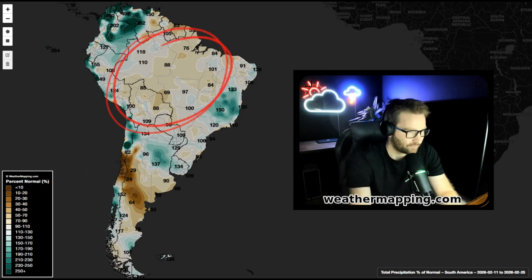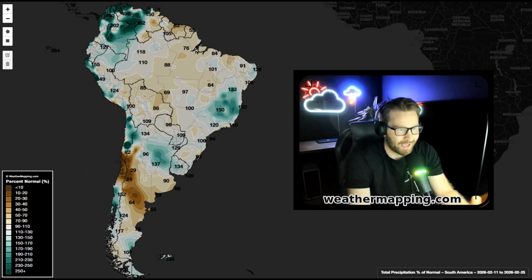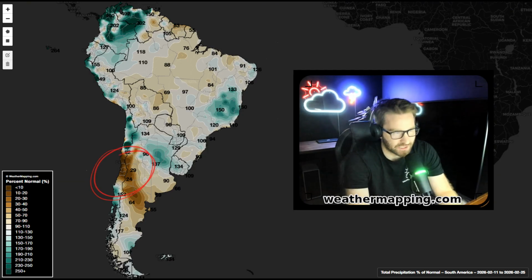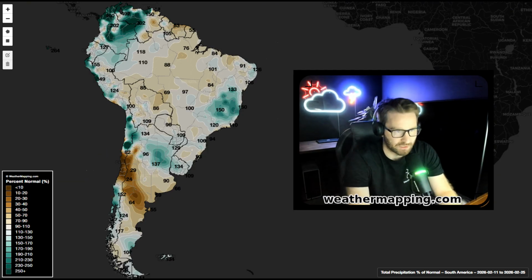In the south, the big picture is a sharp west-east split. Chile and the immediate lee of the Andes tend strongly below normal, with an extensive 20 to 50% shading from the north down through the central section, moving east into northern Argentina, Paraguay, and southern Brazil.